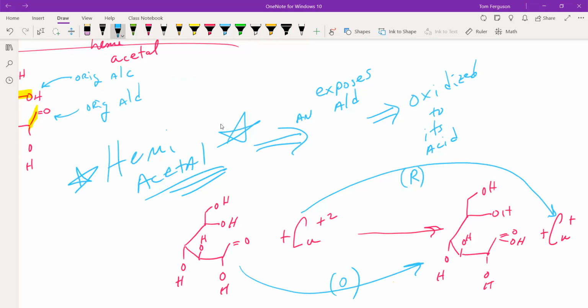Now, this is in an alkaline or basic environment, which means that this is not going to be the COOH, but the COO minus.